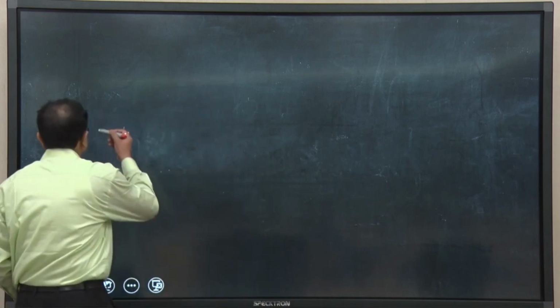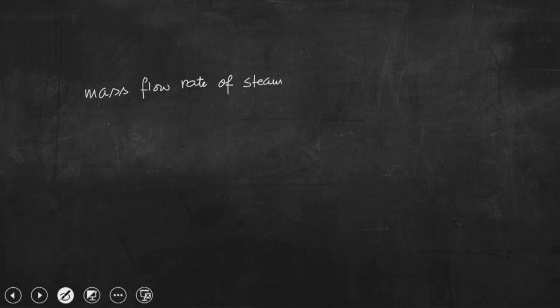The mass flow rate of steam per unit area, m dot by A 2. Why am I writing m dot? Because from continuity we can write m dot 1 equal to m dot 2 equal to m dot.